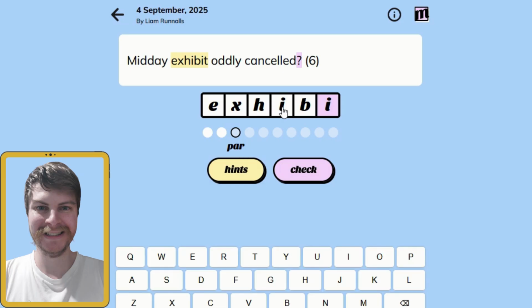So if we take one of the letters out, we do have exit in it. Got X it.